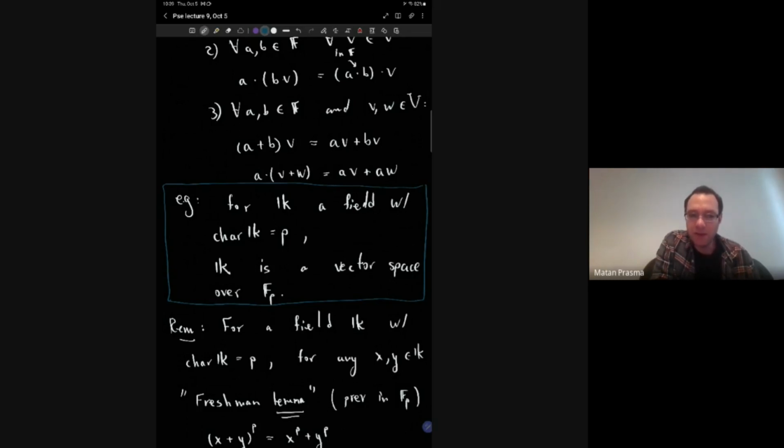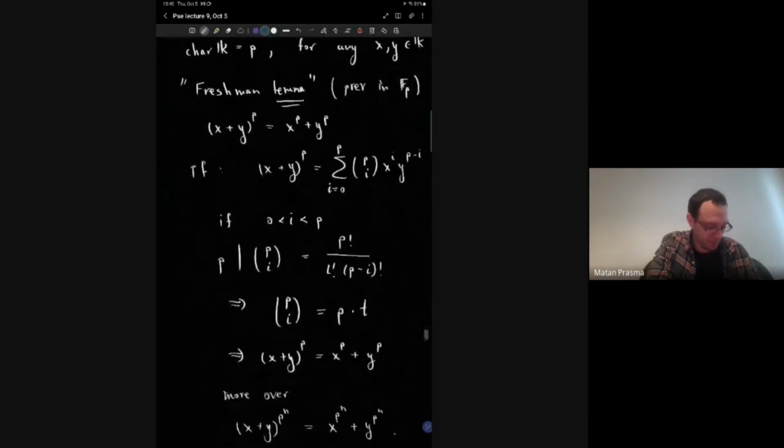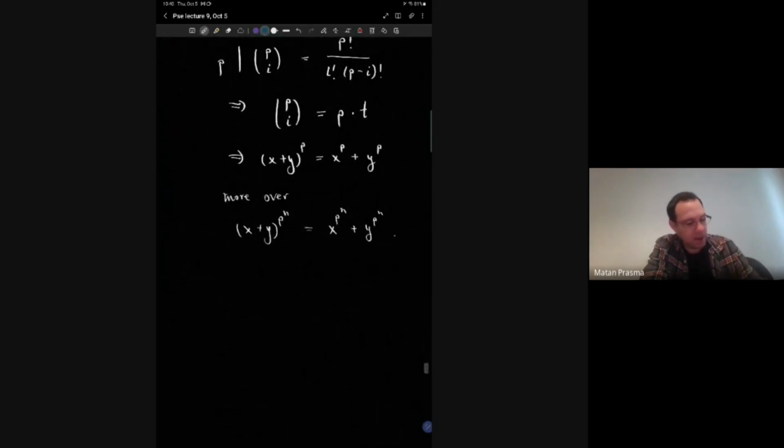But we'll get to that. So the plan for this session and probably the next one is to classify finitely generated vector spaces, which I will explain in a minute, and use it in order to get a first stepping stone into classifying fields of characteristic P. Any questions?